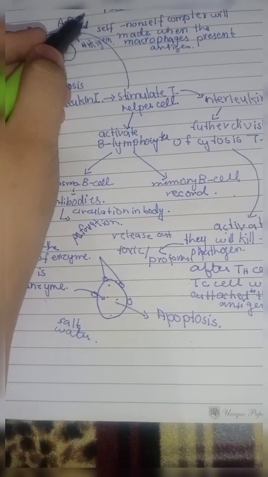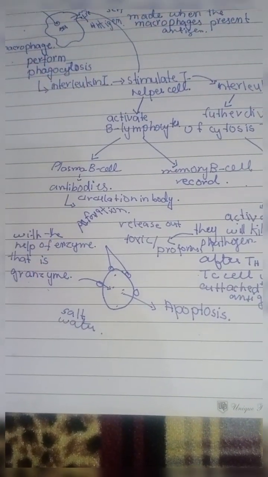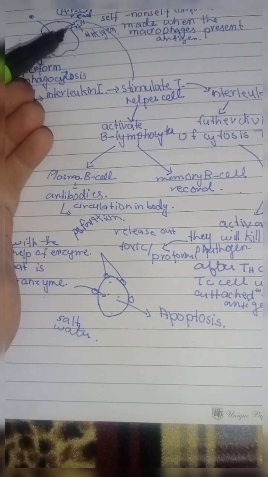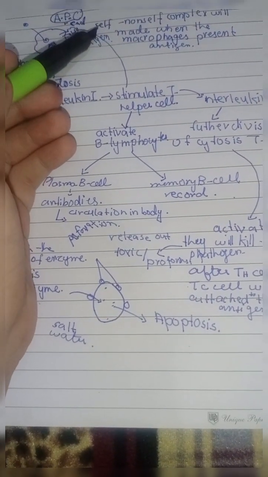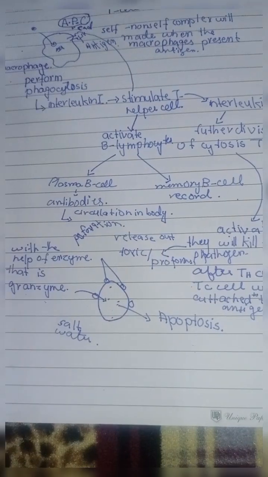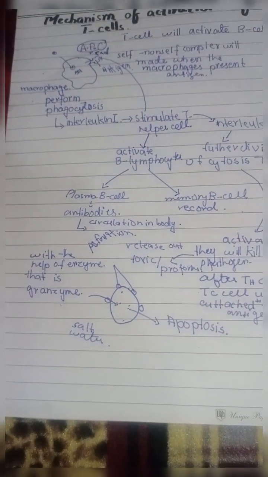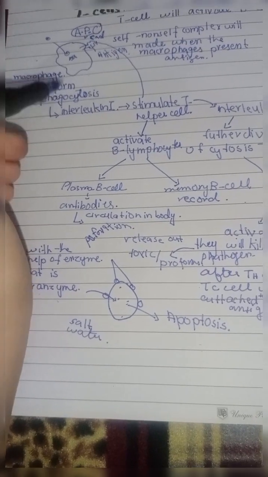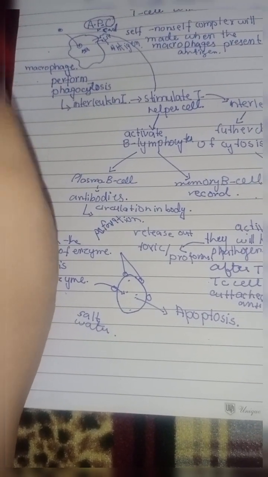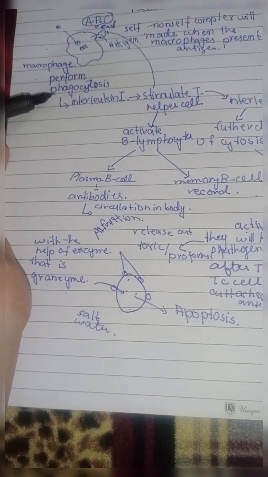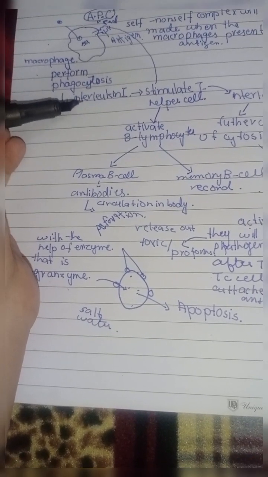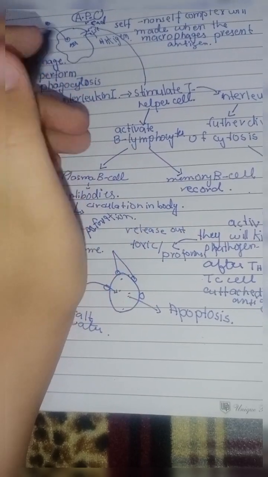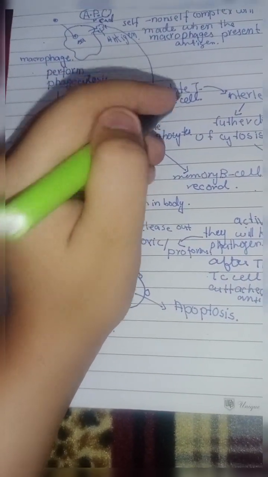Now this is known as an antigen-presenting cell. When the antigen is represented by the macrophage, the self non-self complex is made. The macrophage performs phagocytosis, means it breaks down or eats the antigen. After phagocytosis, it will release interleukin 1, and interleukin 1 will stimulate the T helper cells.